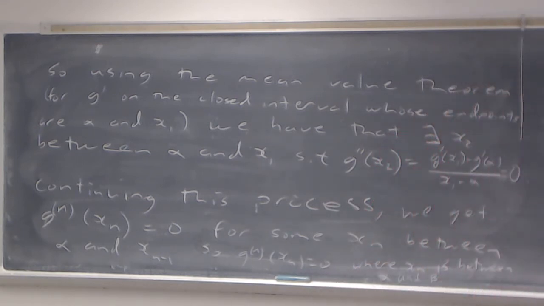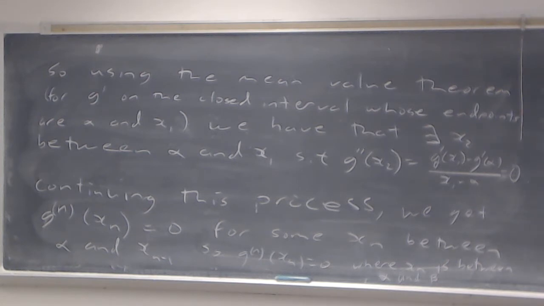Okay. And that's sufficient for m to be equal to the nth derivative of f evaluated at this x of n over n factorial. And that's what we needed.